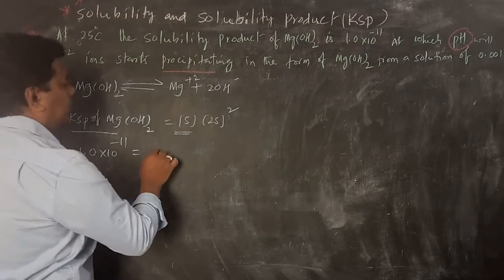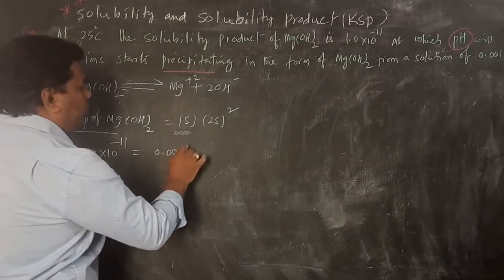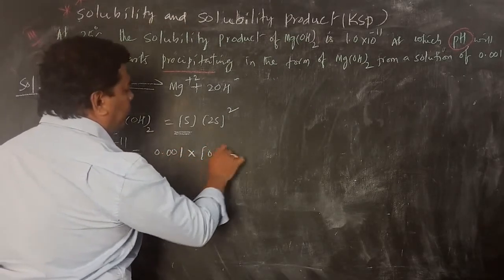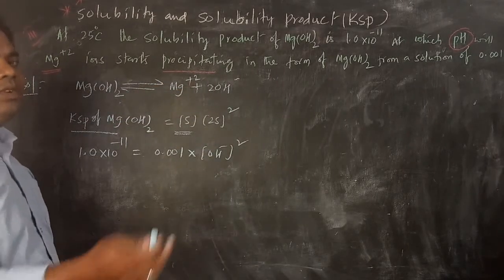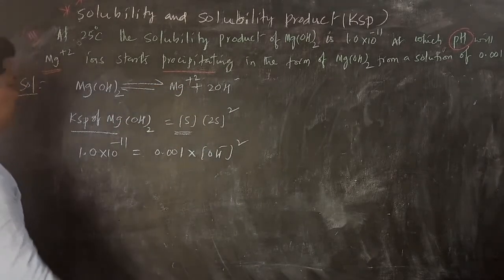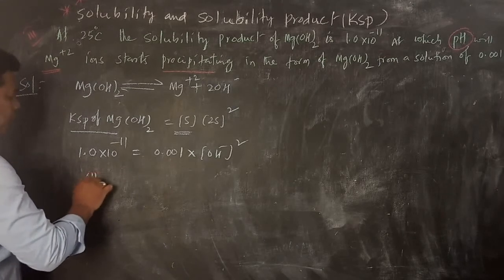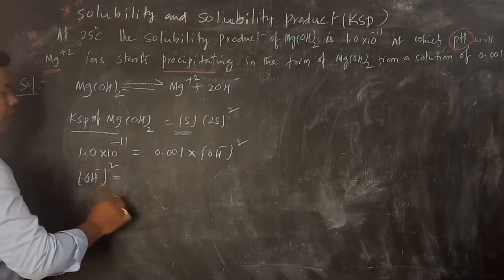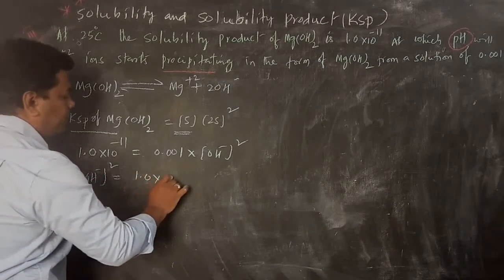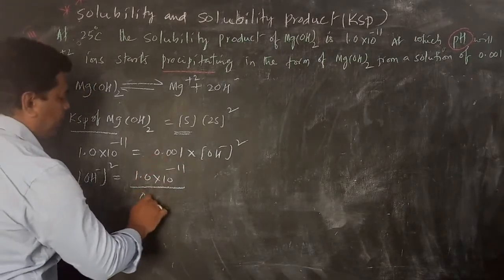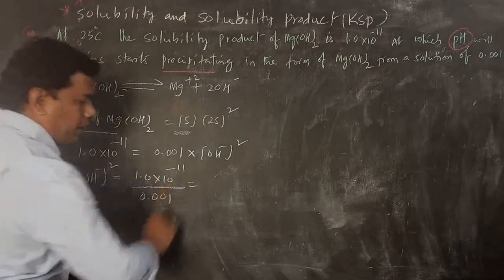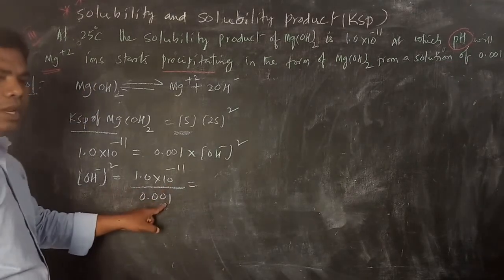Here that is 0.01 into OH minus square, because we are going to find the answer in the form of pH and pOH. So OH minus whole square is equal to 1.0 into 10 power minus 11 divided by 0.01, which is 10 power minus 3.